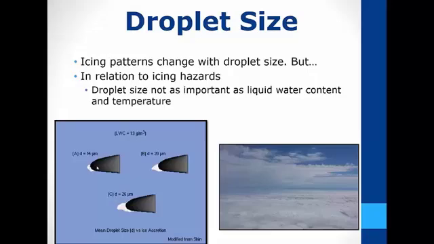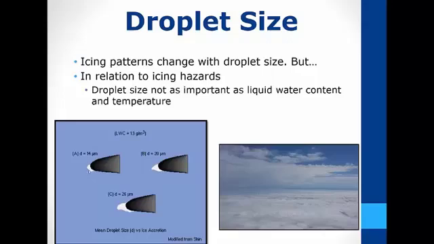Water droplets initially impact the leading edge of the wing and then start to build up mostly on the smallest radius, because that surface is more exposed than other surfaces on different parts of the aircraft.